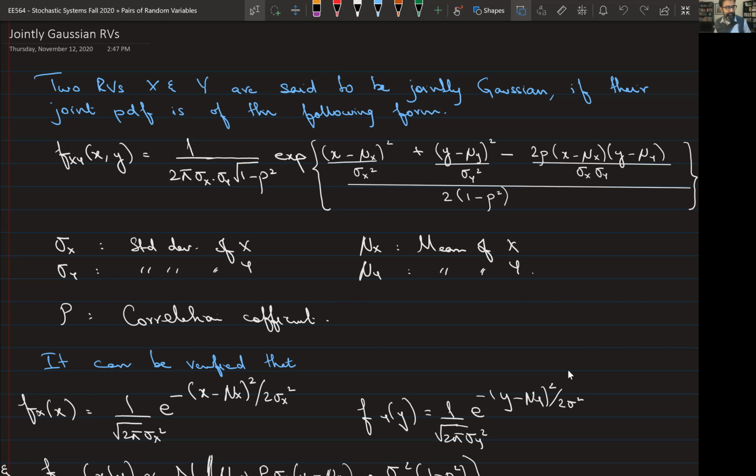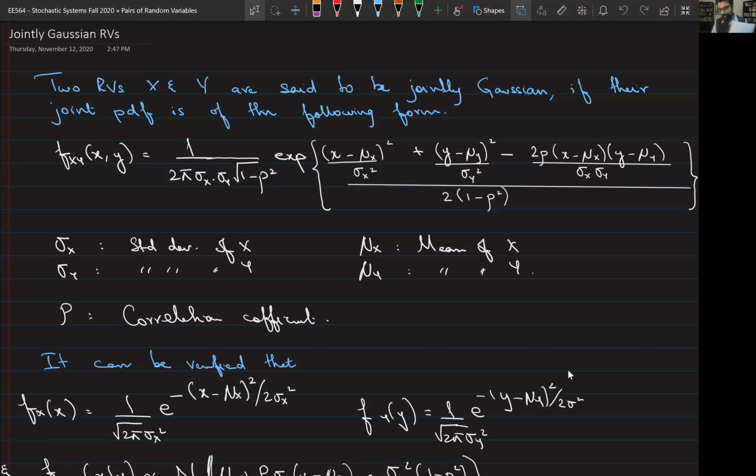What did we say? Can somebody remind me? If two random variables are independent, what can we say about their correlation coefficient? So independence implies uncorrelatedness, but it does not go the other way.